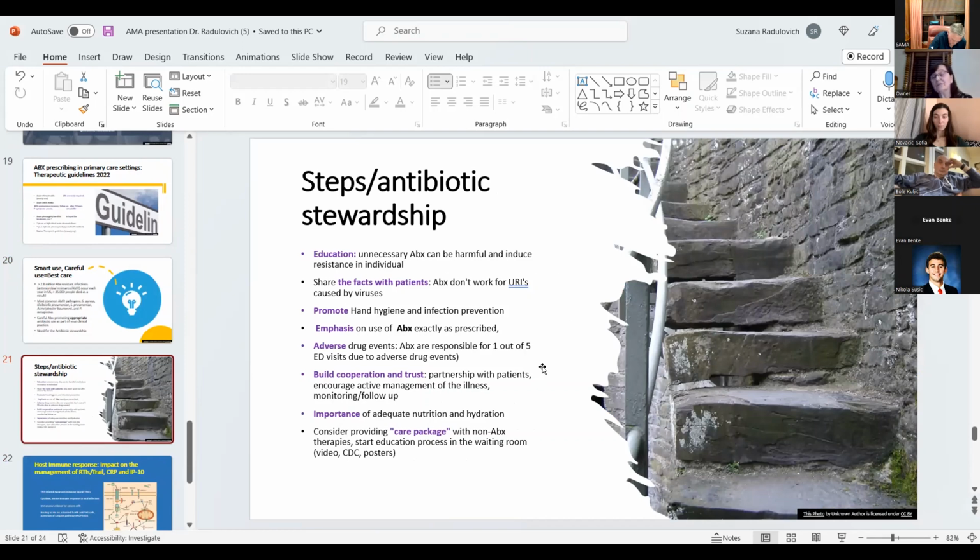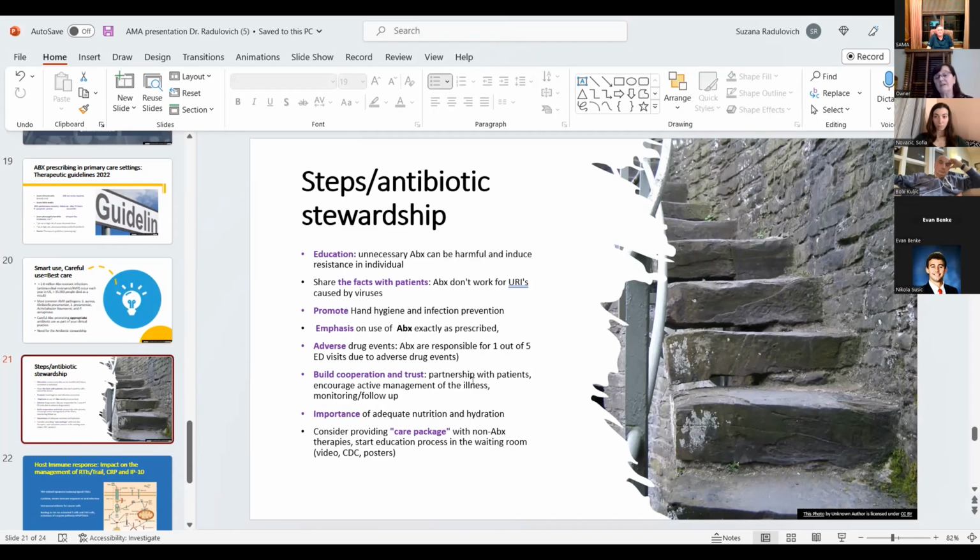We need to have patients follow instructions and take antibiotics as prescribed. We need to enlighten patients about adverse drug events: 1 out of 5 ED visits is antibiotic related because of drug events.